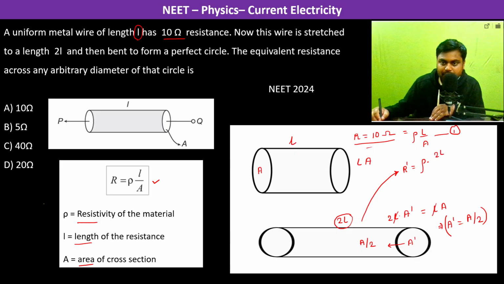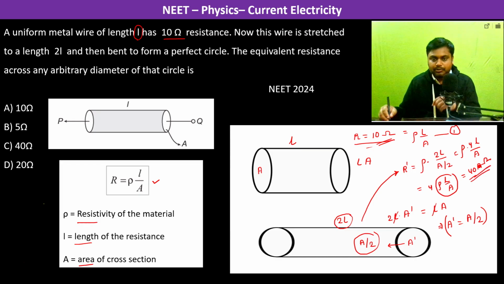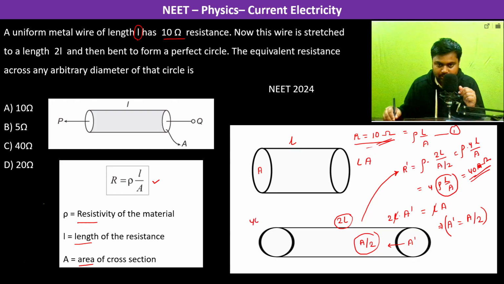So 2L divided by, the area of cross section is A by 2, which is equal to rho into 4L upon A, which is basically 4 into rho L by A. Now rho L by A is 10 ohms, so therefore this is 40 ohms. So the new resistance of the stretched material is 40 ohms.